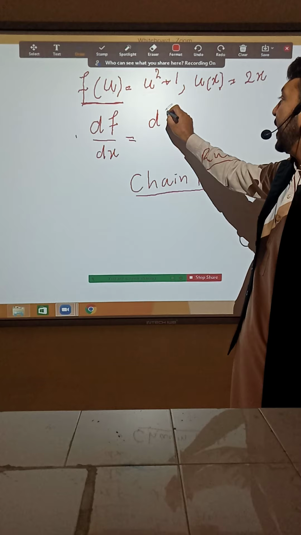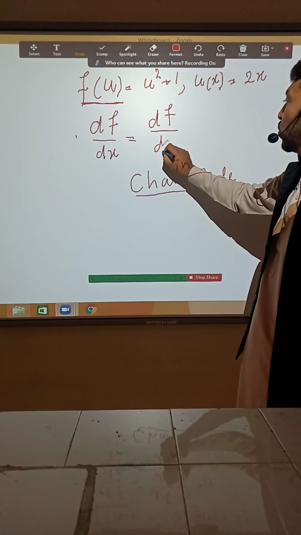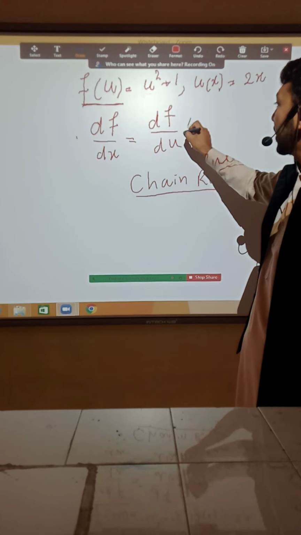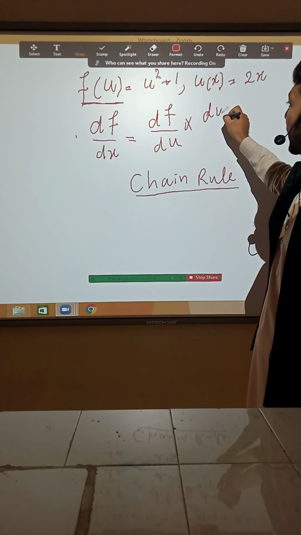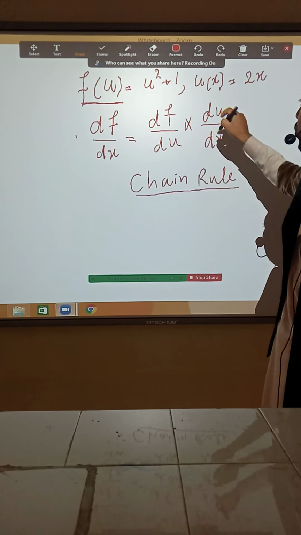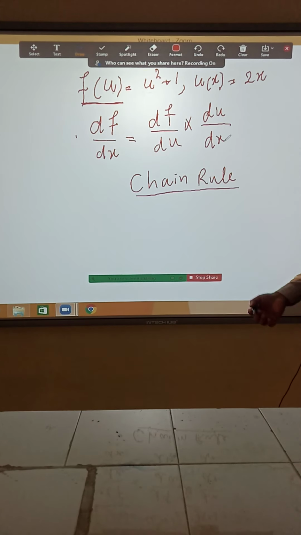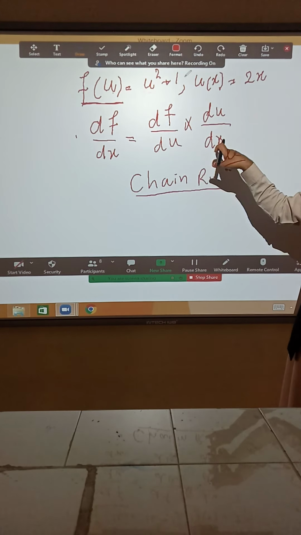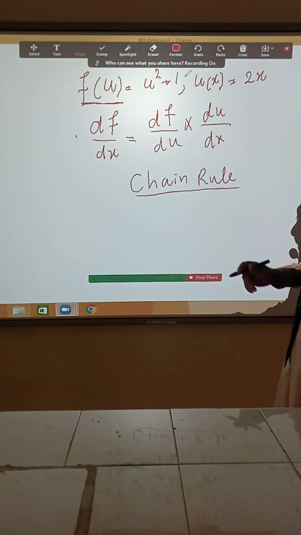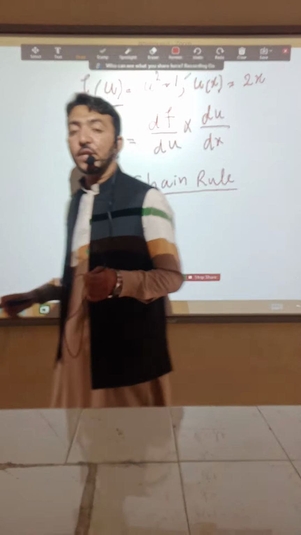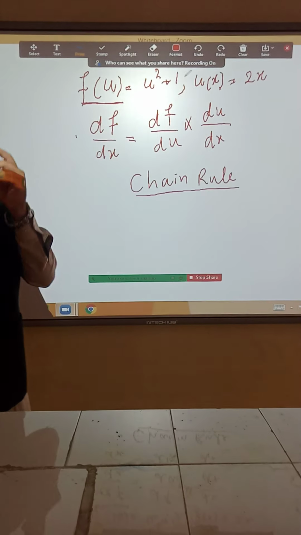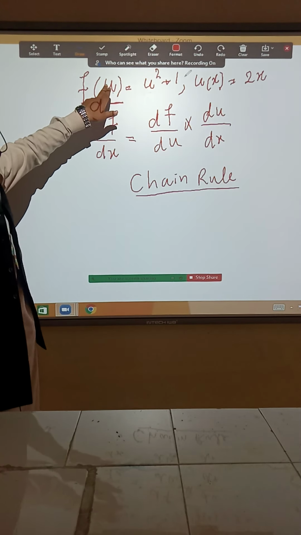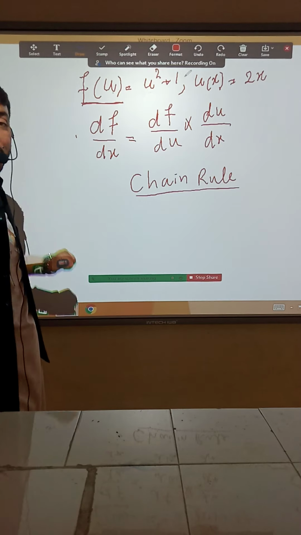First, you will differentiate f with respect to u, क्योंकि यहाँ पे इंडिपेंडेंट वेरिएबल आपका u है, इसको आप डिफरेंशिएट कर सकते हैं, फिर मल्टीप्लाइड बाय u आपका डिफरेंशिएट होगा विद रिस्पेक्ट टू x, और u को भी आप x से डिफरेंशिएट कर सकते हैं. तो यहाँ से आप देख सकते हैं कि du और du आपस में कैंसिल भी हो सकता है, तो आपको df by dx मिलेगा. लेकिन ये याद रख लें कि जब भी आप किसी फंक्शन को डिफरेंशिएट करते हैं तो फंक्शन की डिफरेंशिएशन विद रिस्पेक्ट टू इंडिपेंडेंट वेरिएबल हम लेते हैं. तो यहाँ पे the function is dependent on u and you are differentiating that with respect to x.